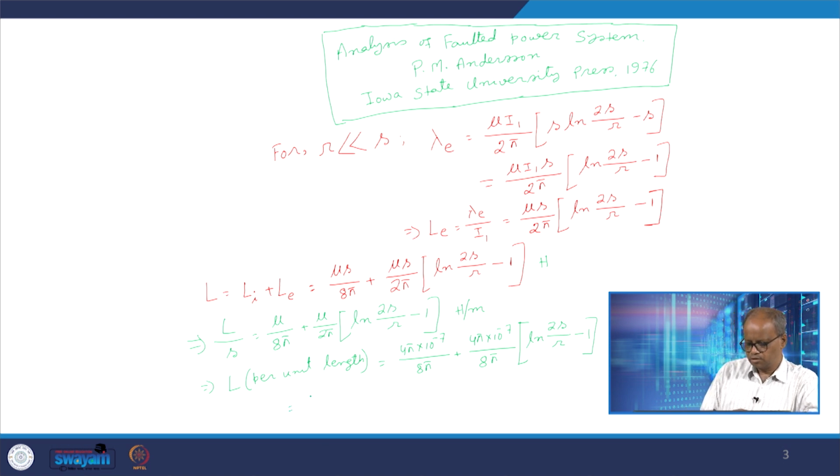So, it is equal to half into 10 to the power minus 7 plus, 2 pi, sorry, 2 into 10 to the power minus 7 into log twice s minus 1.